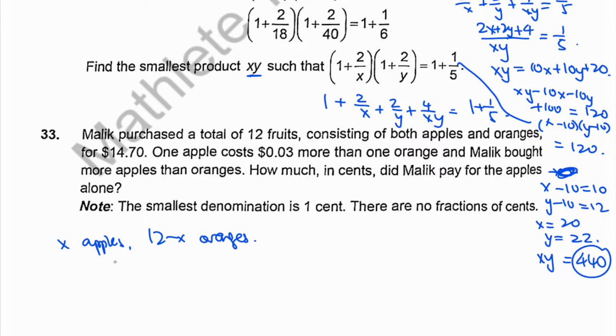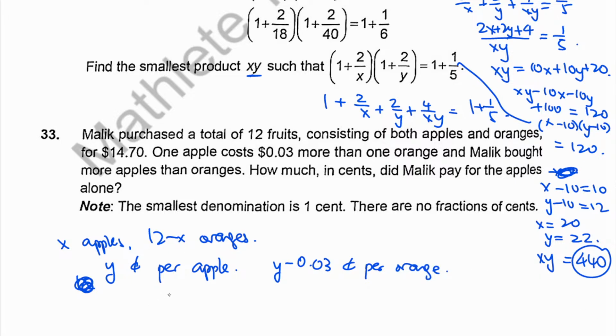So let's say it costs y cents per apple. Then it's y minus 3 cents per orange.